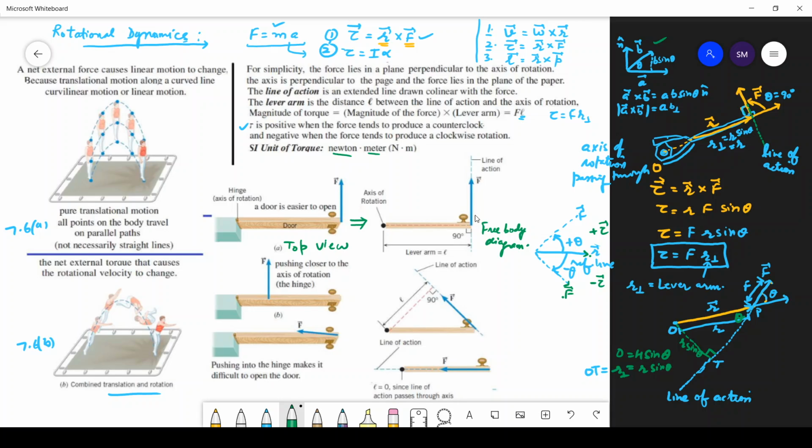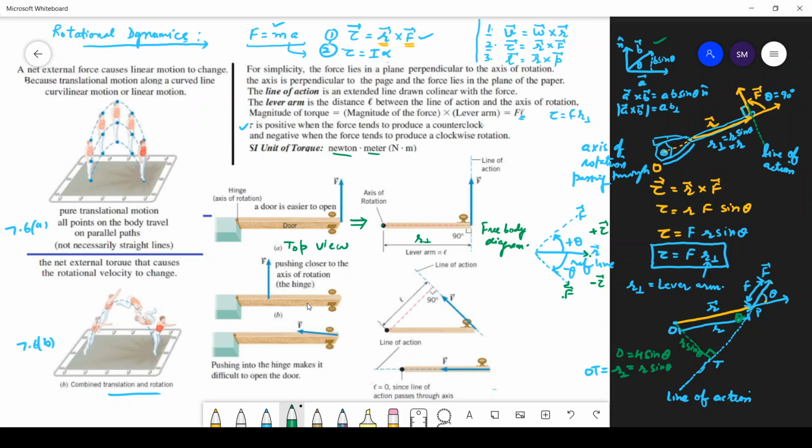This is your force, and this is your line of action. And where is your R perpendicular? Draw a perpendicular from the axis of rotation to the force. This length is your R perpendicular. So R perpendicular and R are the same. This is just like this example, this figure and this figure are the same.